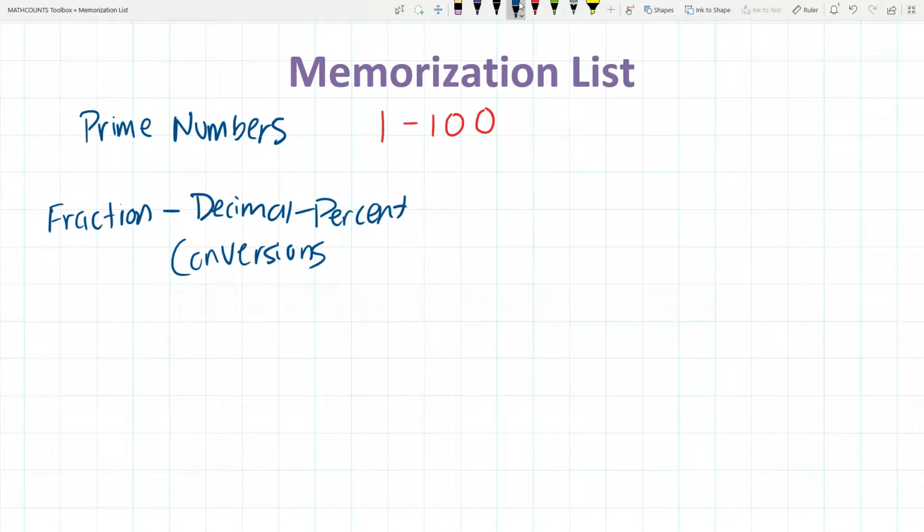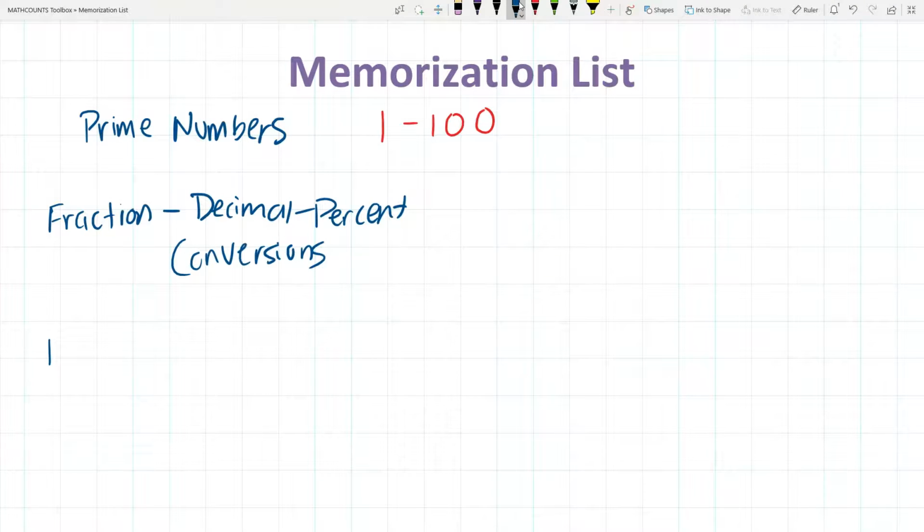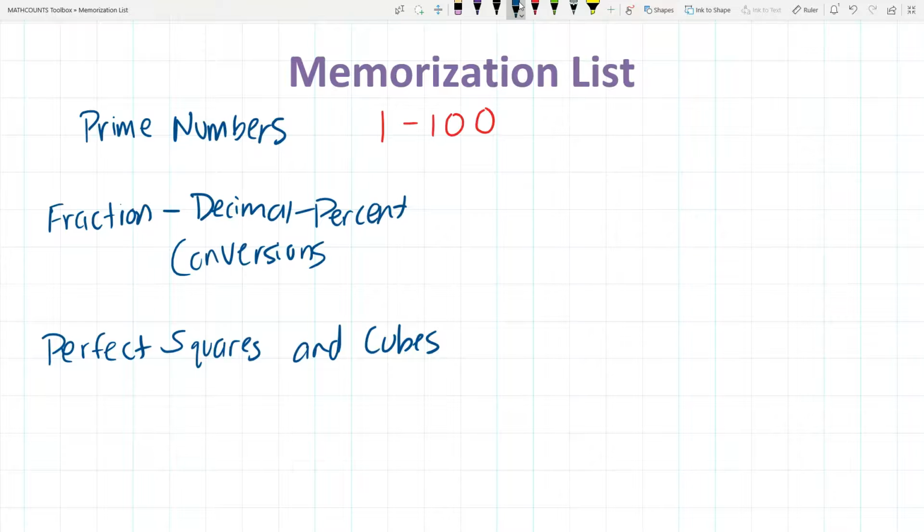And the next thing that you should know is basically perfect squares and cubes. Let me just write it down.